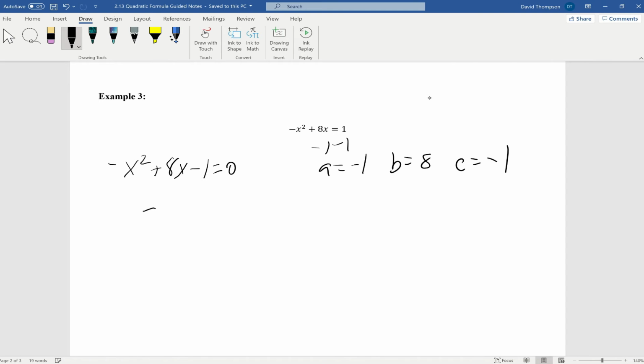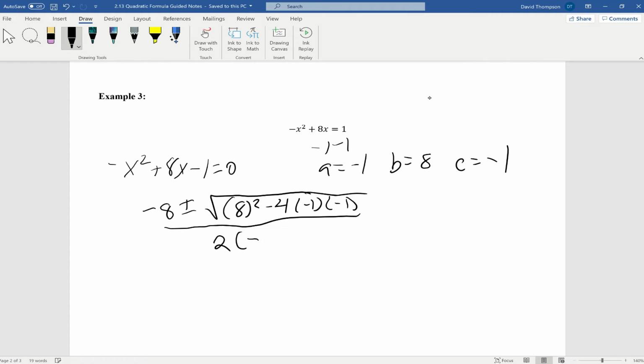So quadratic formula: negative 8 plus or minus the square root of 8 squared minus 4 times negative 1 times negative 1, all this over 2 times negative 1. Simplify the radical.